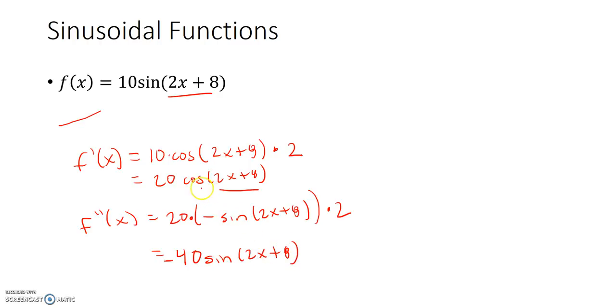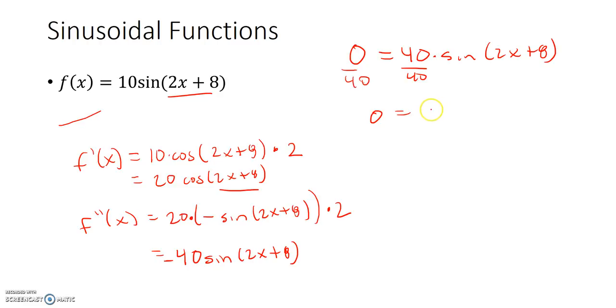Now the question is, when does the second derivative equal 0? That is, where are there potential inflection points? Well, we've got to be careful here, because now we want to set 40 times sine of 2x plus 8 equal to 0. So how do we do this? First of all, let's get rid of the coefficient, divide both sides by 40. That eliminates that.